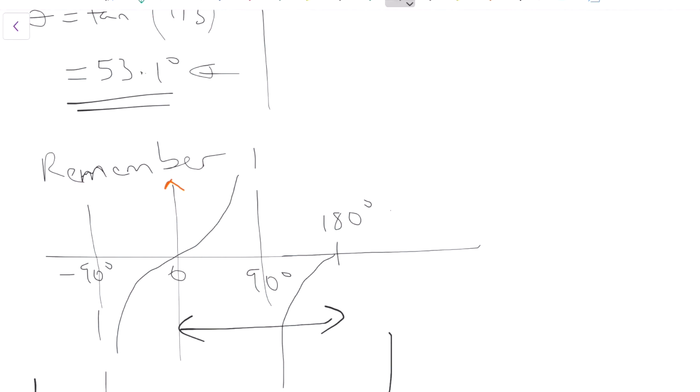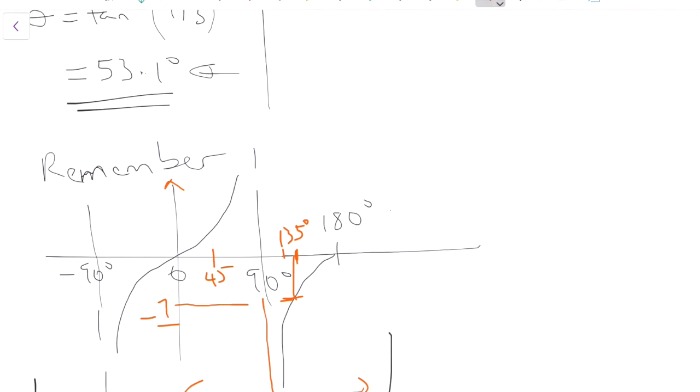I do not want to draw onto here. There you go. Let me draw this in orange. So those are the first two quadrants, and there you go. 135 would be halfway through, so 135 degrees. And if you go here, this should be minus 1. So at 45, tan would be 1.